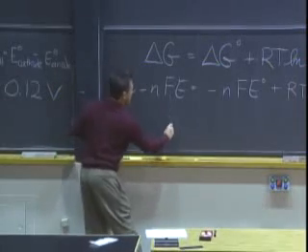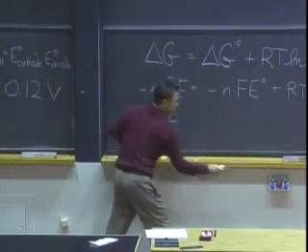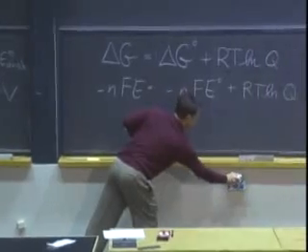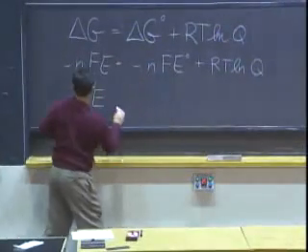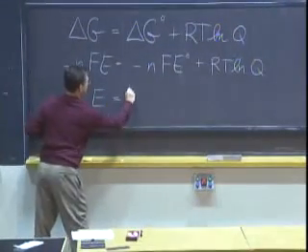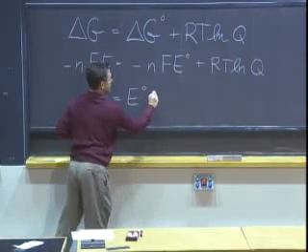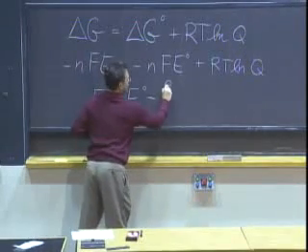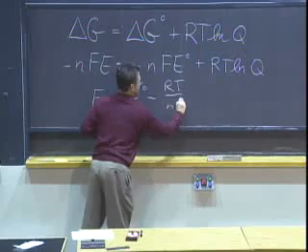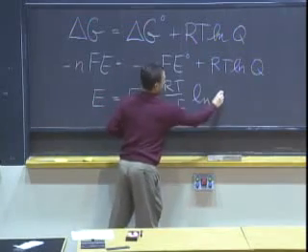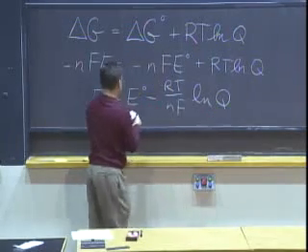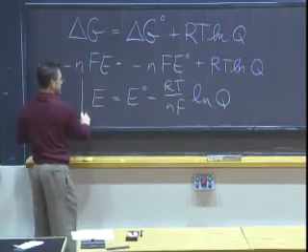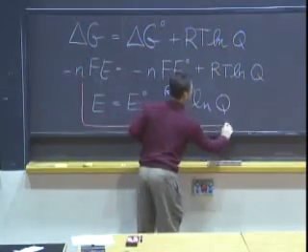And when I do that, I'm going to get E is equal to E0 minus RT over nF ln Q. And this equation is very central to electrochemistry.